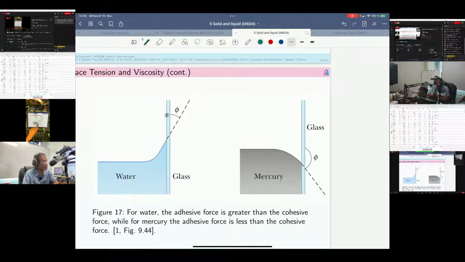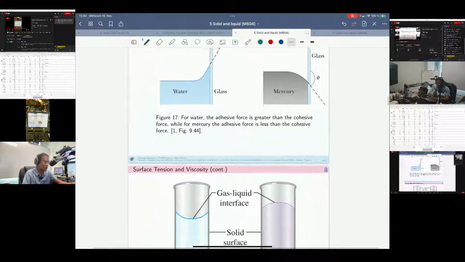You can see that this angle is less than 90 degrees, right? And this one is greater than 90 degrees.